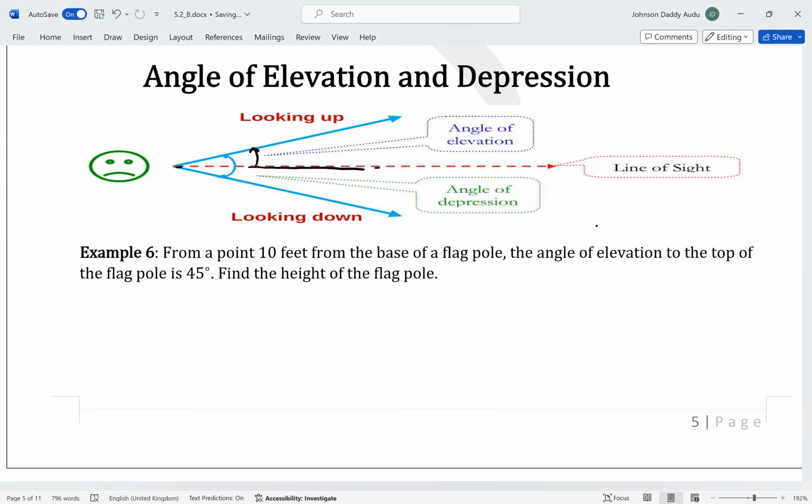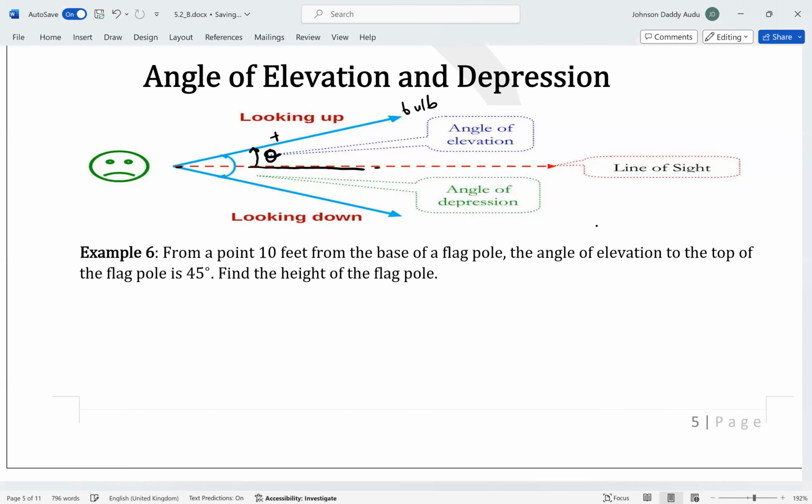Let's assume you want to look at the roof of a house, or let's say you have a bulb in a room, and you have to look at it. You raise your head. Now there is an angle formed between your line of sight and this line, which is now your terminal side.